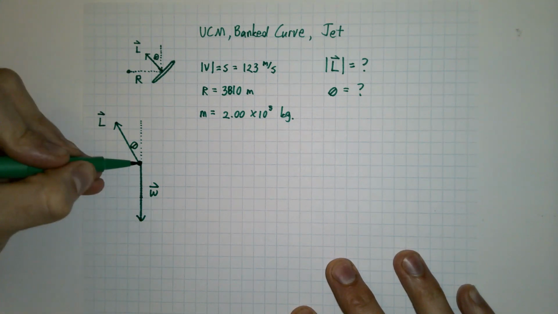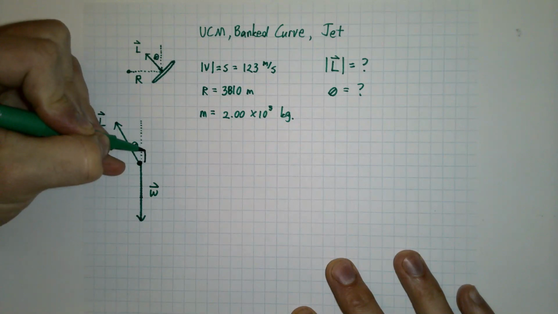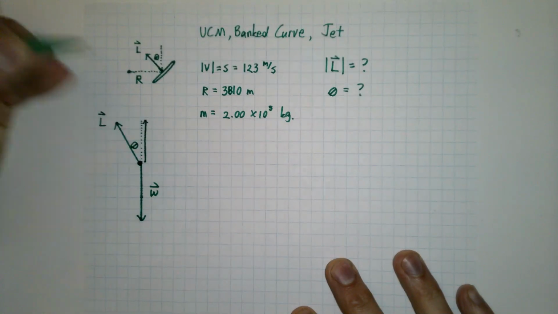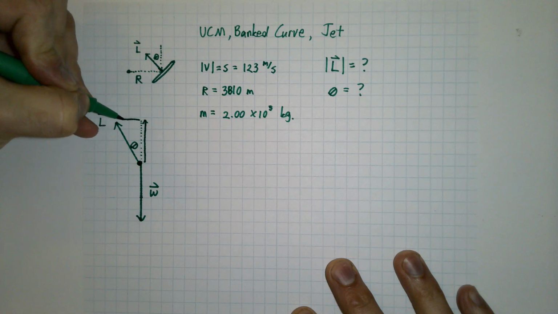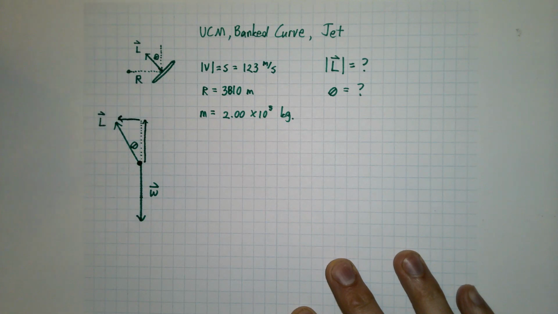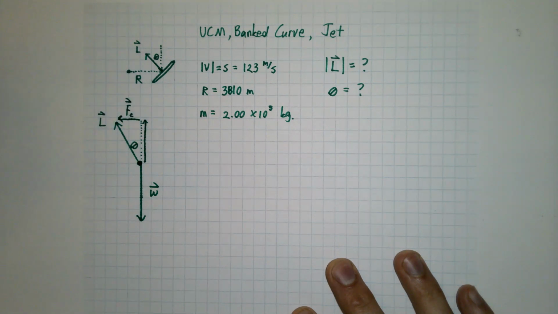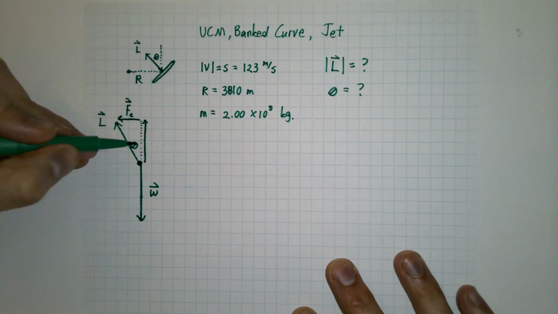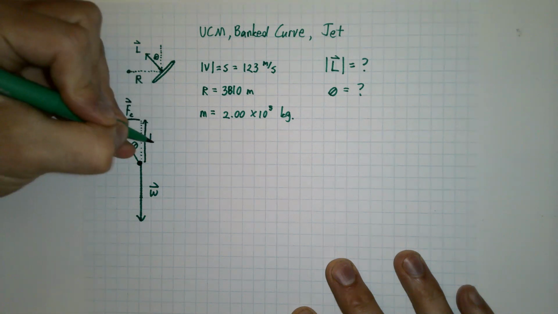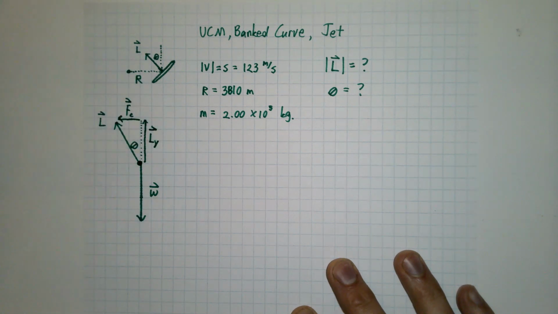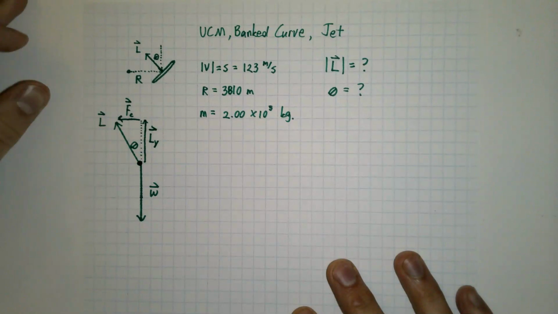One component is opposing the weight, and another component is contributing to the centripetal force. Here is the centripetal force, which is a component of the lift vector. Here is the component of the lift in the y dimension that is opposing the weight.